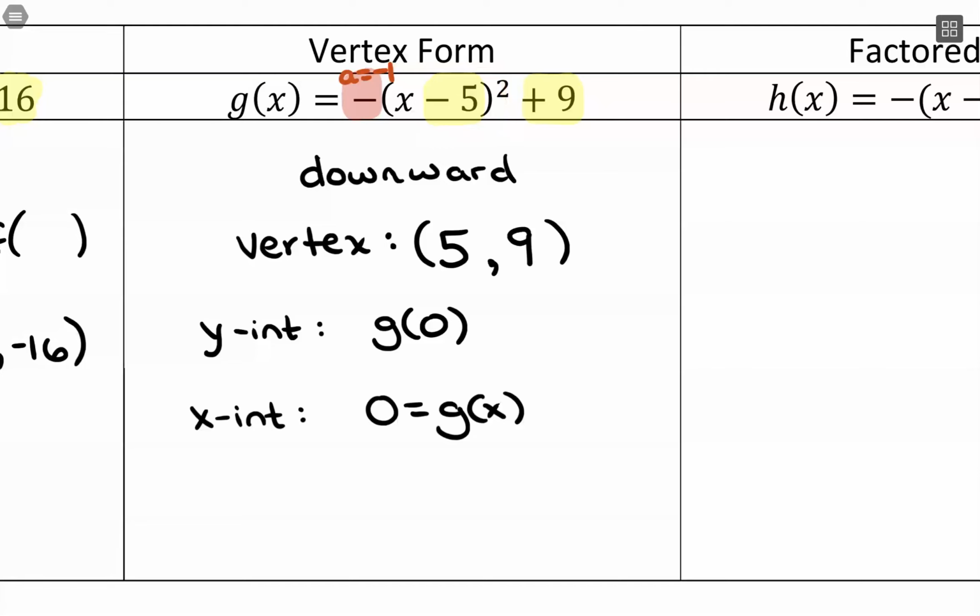So we'll see a specific way of solving our quadratic equations when we have this vertex form. So the punchline to vertex form is we can see the shape, we can find our vertex without any calculations. Y-intercept and x-intercept, we have to calculate a bit, just like with standard form.